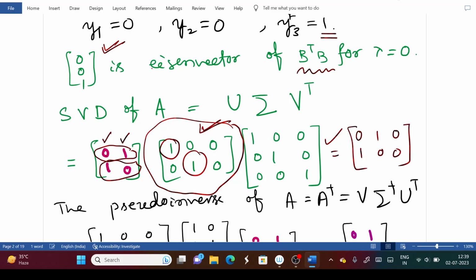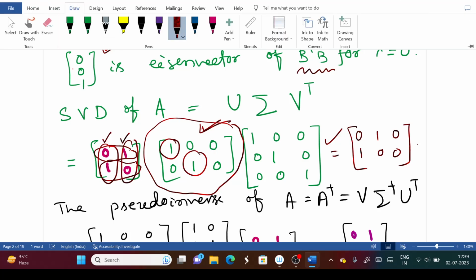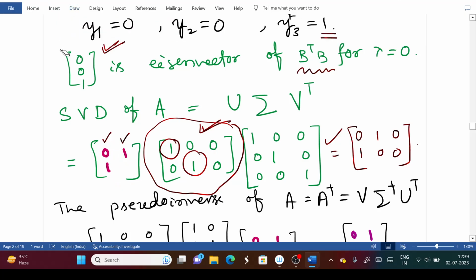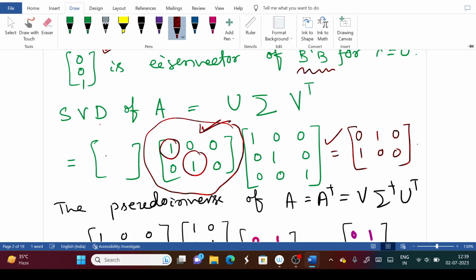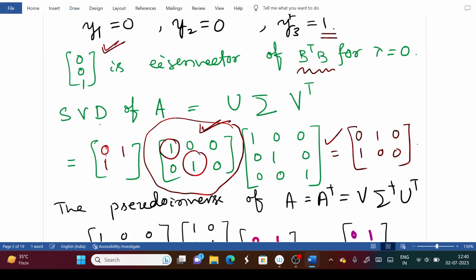So I get my required matrix A. But if instead of 0, 1, 1, 0, we reverse the order of the columns, that is, this we make first column and this second column, then I may not get the product of these three matrices equal to A. So here we must focus on one thing, that the matrices considered should be in reverse order. So I should write 0, 1, 1, 0. Okay, now I got this one.